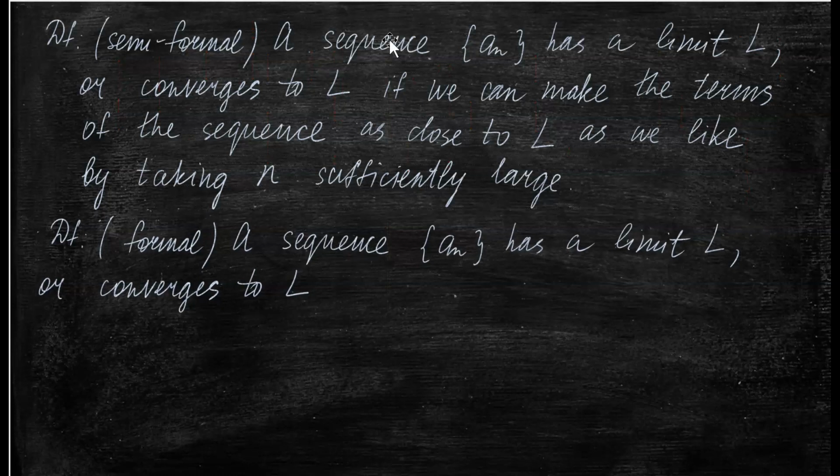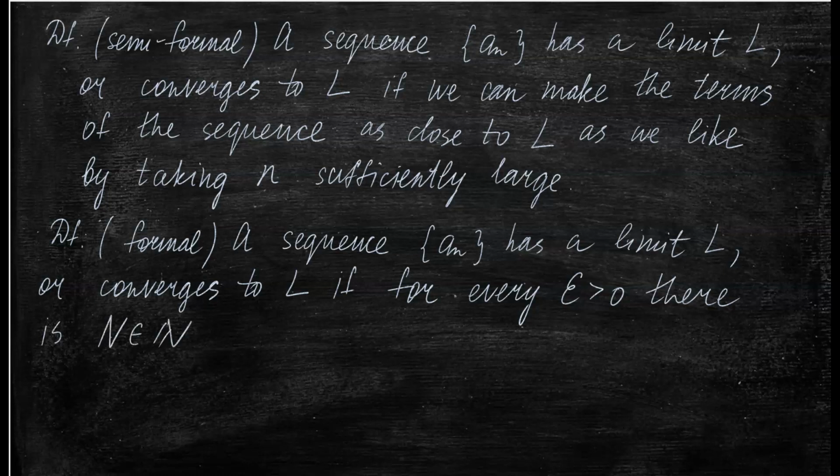A sequence a_n has a limit L or converges to L if, again, remember this is very formal, for every epsilon greater than 0 there is some natural number N such that for all n greater than that value, the following statement is true.